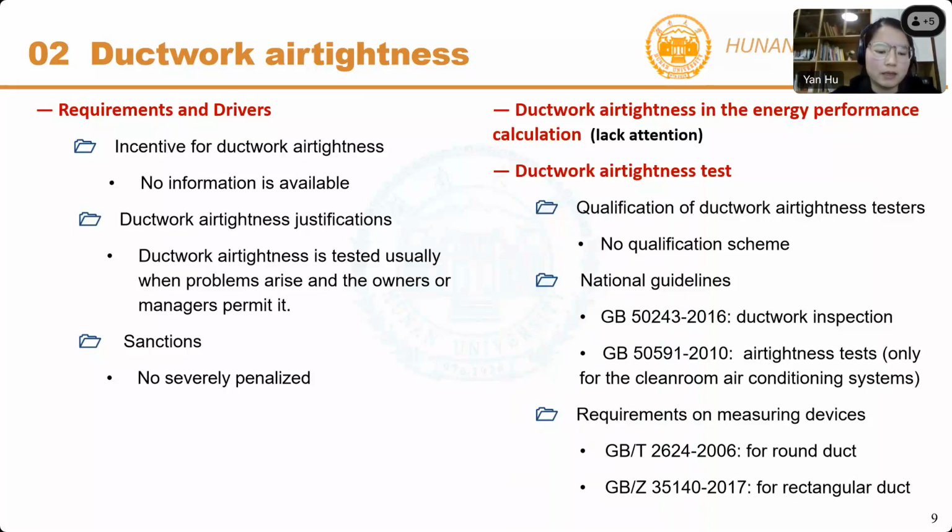Ductwork airtightness is not an input value for EP calculations. Also, there is a lack of attention to this. Also, there is no qualification scheme for the testers of ductwork airtightness in China so far.